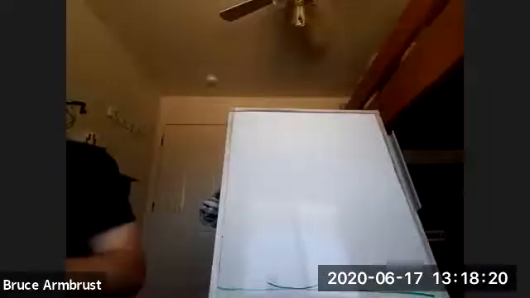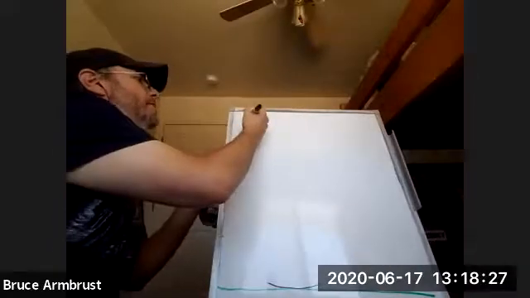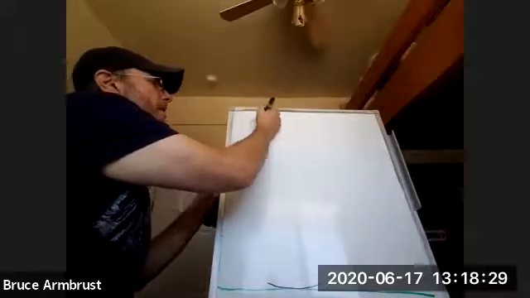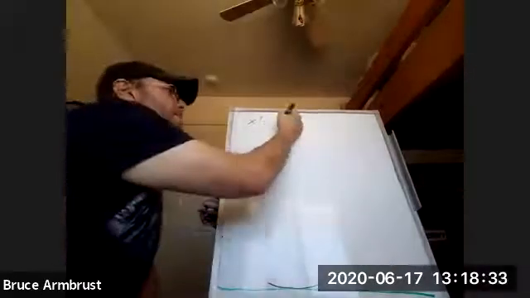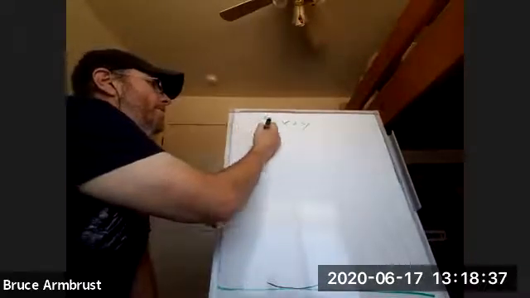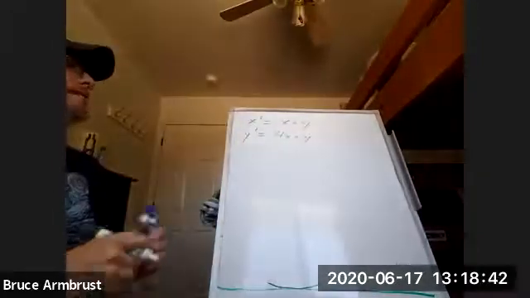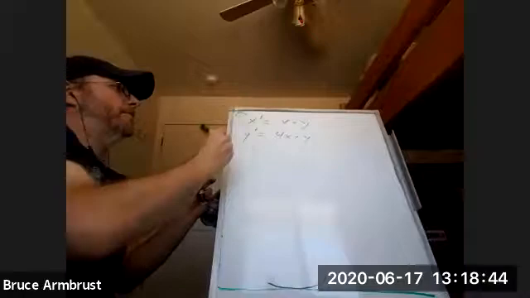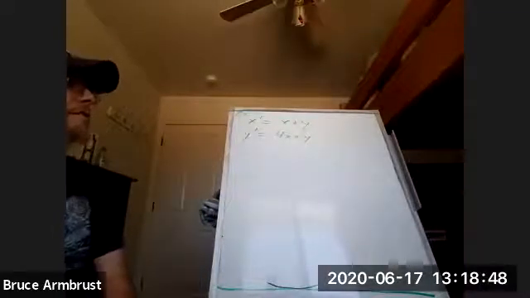All right, so for example, let's say we have something like this. We have X prime equals X plus Y, and then Y prime equals 4X plus Y. So this is what we're talking about when we talk about a linear system of differential equations.